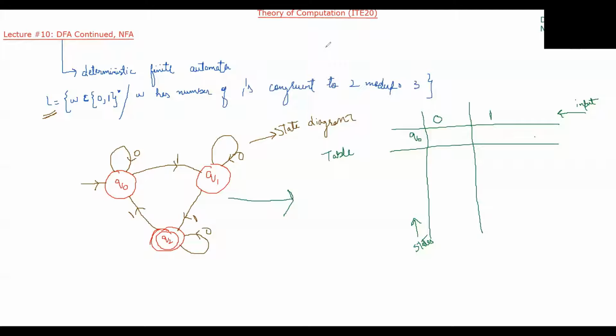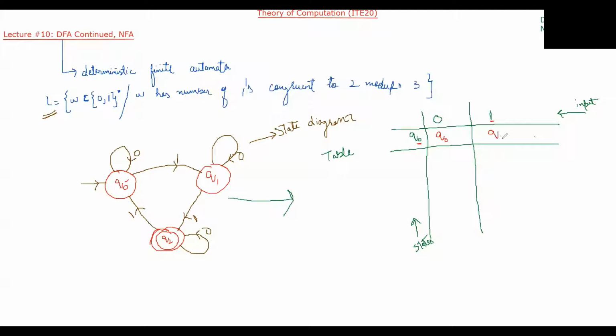Now we have Q0. So how will we design this table? If on Q0 we have 0, what will be the output? The output state is Q0. Now on Q0 we have 1, then we should move to state Q1.